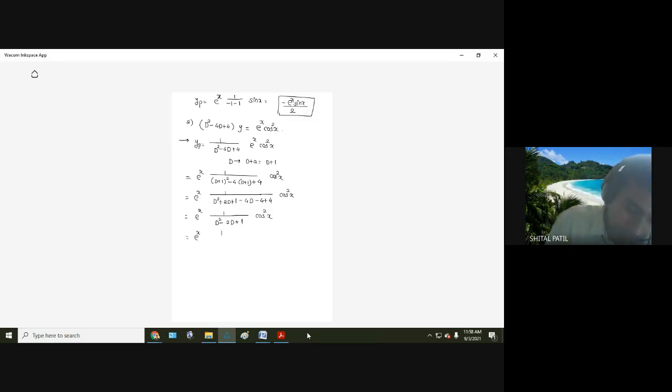We cannot operate it on cos square x directly. What is the formula of cos square x?